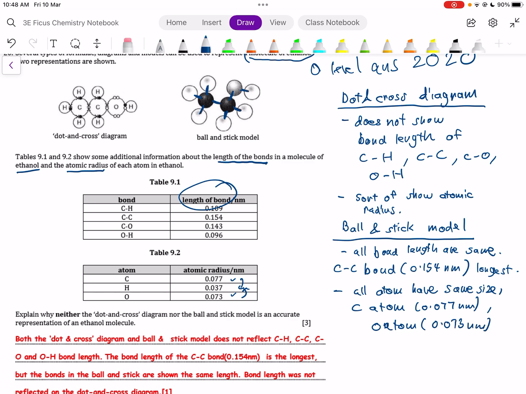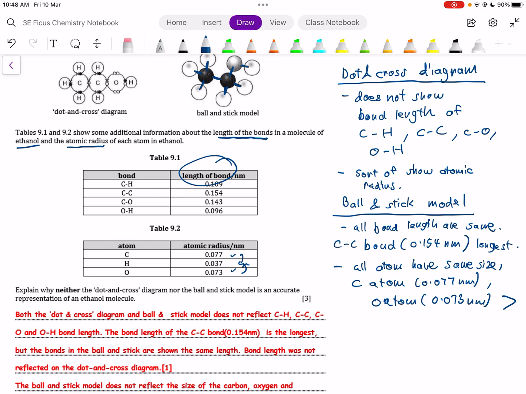So they should actually be bigger than your hydrogen atom, 0.037 nanometers.